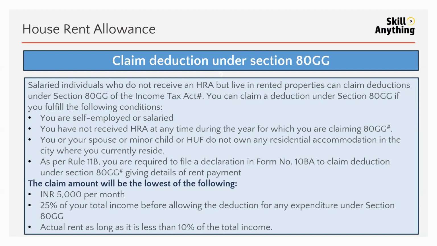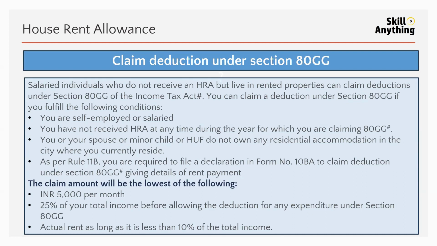Third point, you, your spouse, minor children or HUF do not own residential property in the same city of current residence. As per rule 11BB, you are required to file a declaration in Form 10BA to claim deduction under section 80GG by giving the rent payment details.